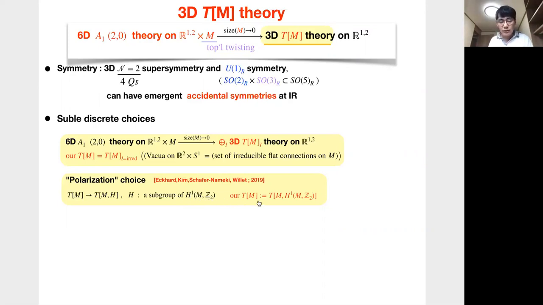In my convention, the subgroup is chosen to be the full subgroup. This is our definition. So this is a subtle issue, but you can forget about it. But this is a precise statement of our theory.